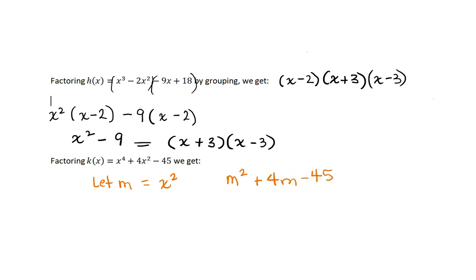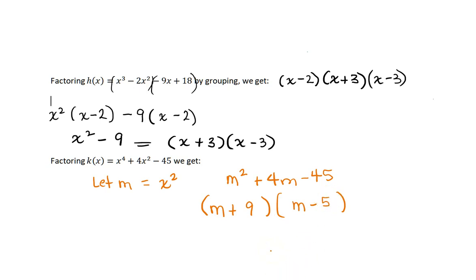Now we have a quadratic, and we know how to solve those. This actually factors really nicely. It's going to factor to m plus and m minus. The larger number is going to be positive, and the factors are 9 and 5, so my positive is the 9 and my negative is the 5.